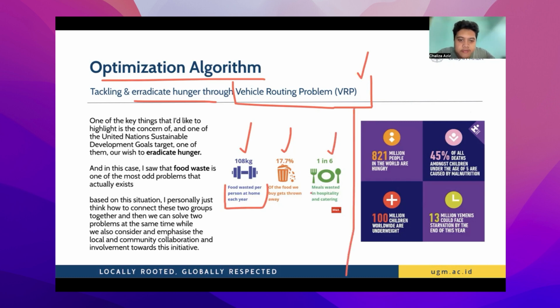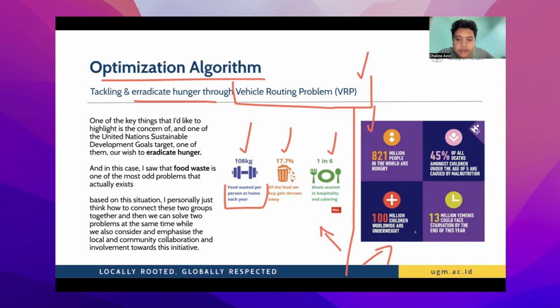I'm going to give a take on this. This is on the left, about food waste, and right here is about world hunger. We can see here, 120 million people are hungry. 45% of them are dead. Most of them are children under the age of 5 because of malnutrition.